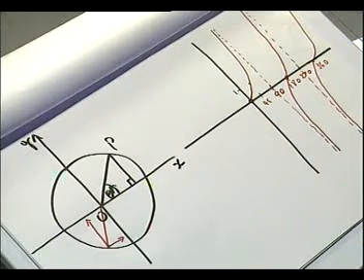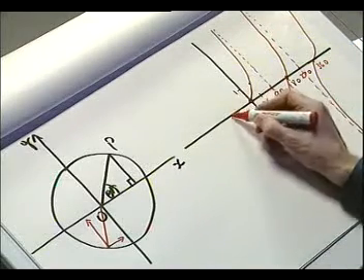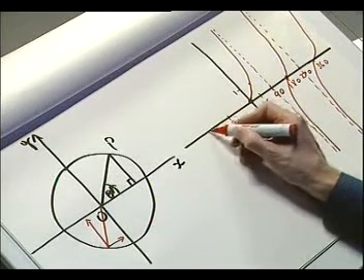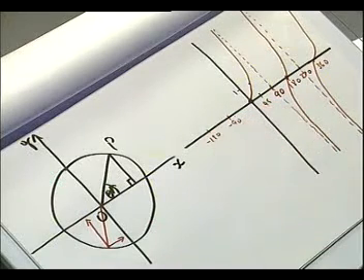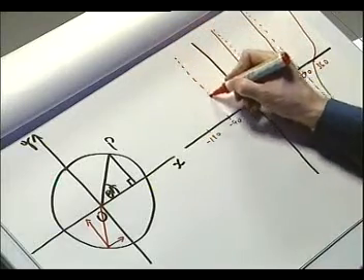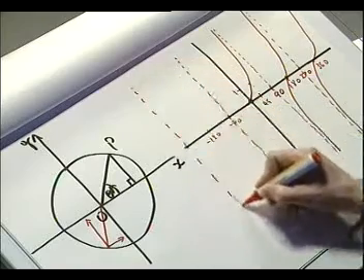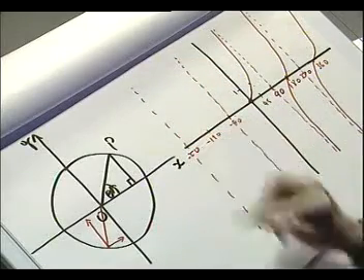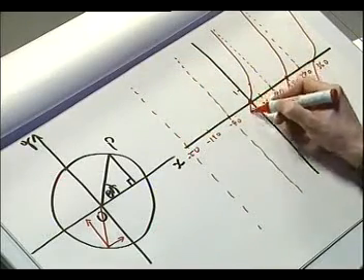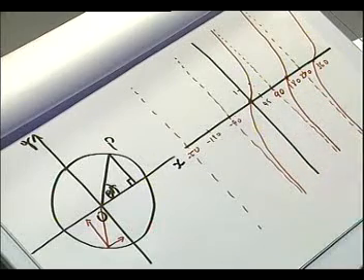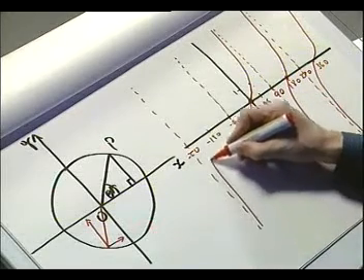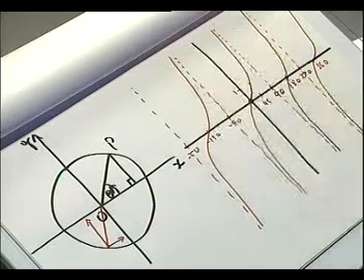What about back this way, when we've got negative angles? What's going to happen then? Well, we must have the same things occurring in terms of our asymptotes, and so we're going to have the same things occurring with the graph there, there, and so on.